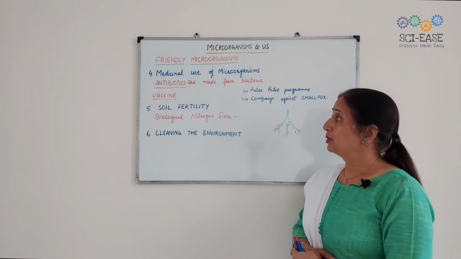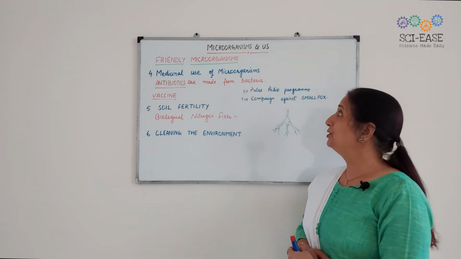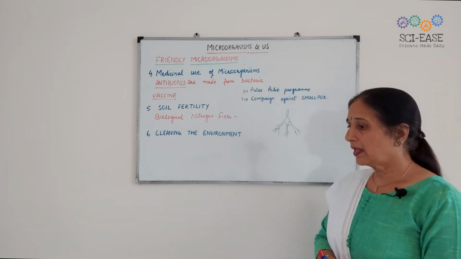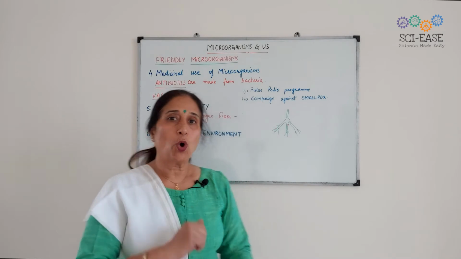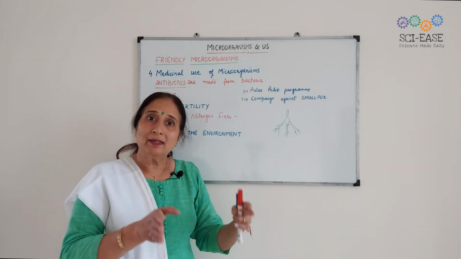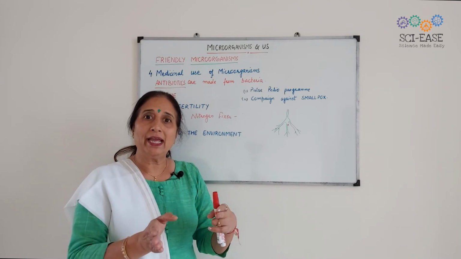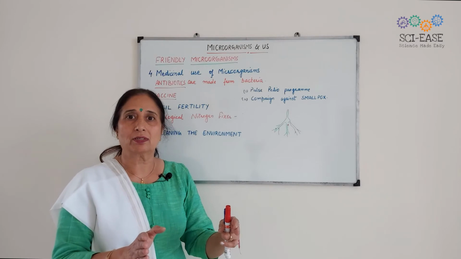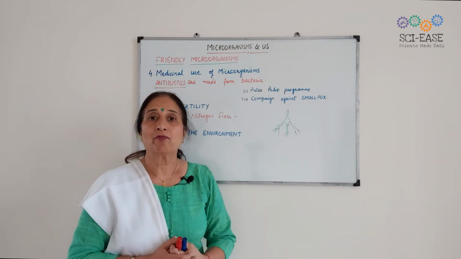Now come to the next medicinal use of microorganisms, that is vaccines. When you were a newly born baby, after 1 or 2 days, one injection, BCG, is given as a preventive measure for tuberculosis.